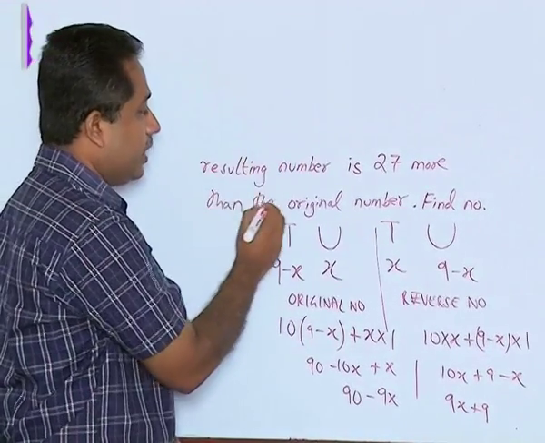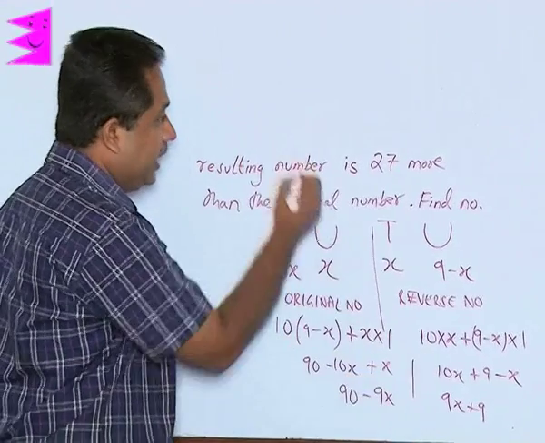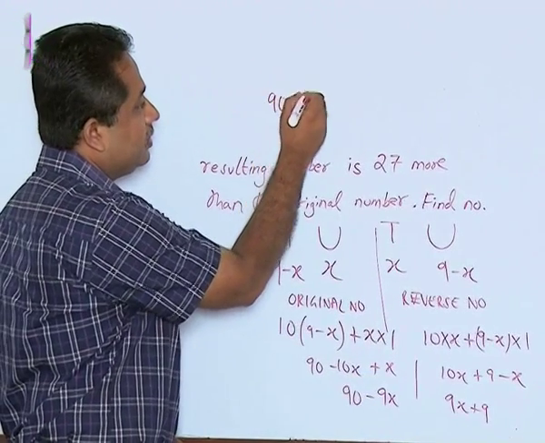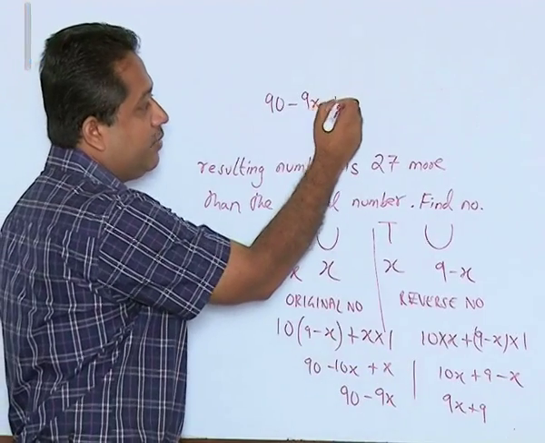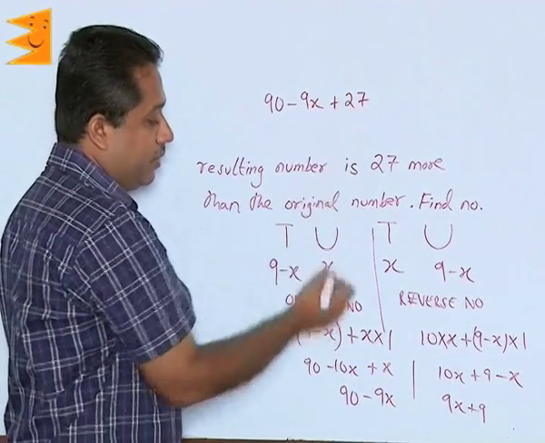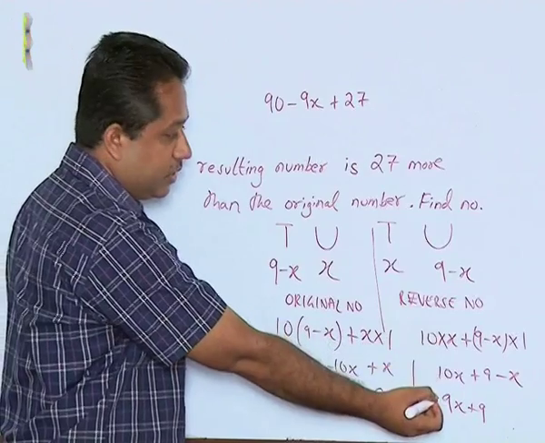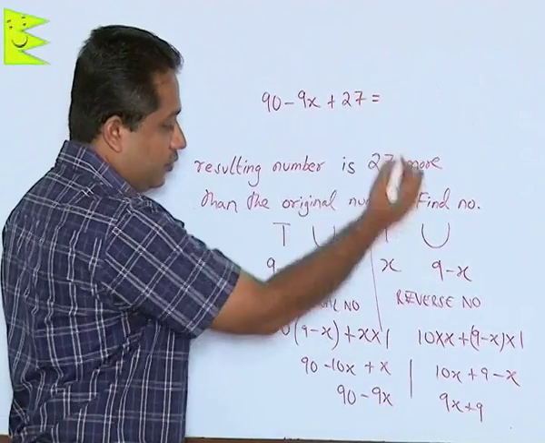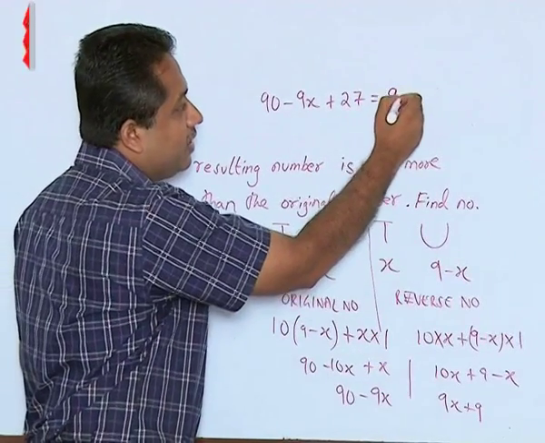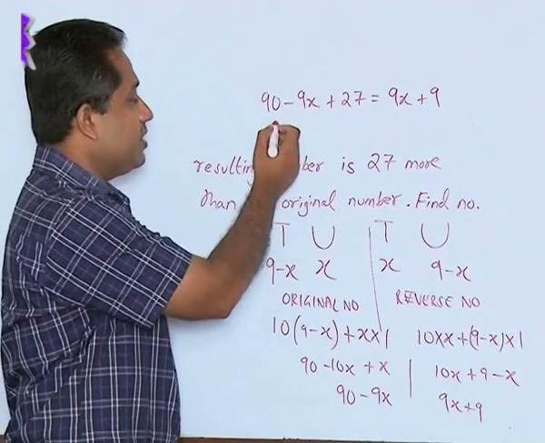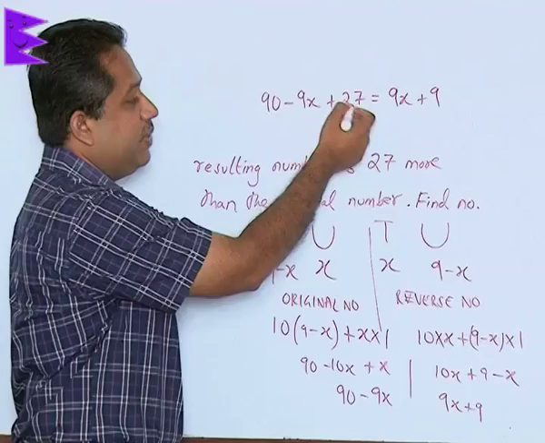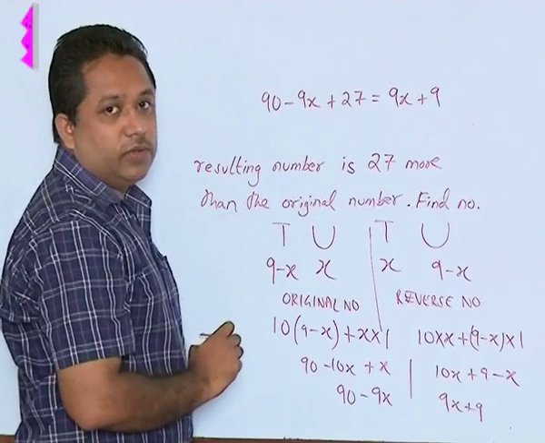So, the equation will become 90 minus 9x, and this is 27 more than this. So, we will have to add 27 to the original number so that we get the reverse number. So, this will be the reverse number, that is 9x plus 9. So, here we get an equation: the resulting number is 27 more than the original number.